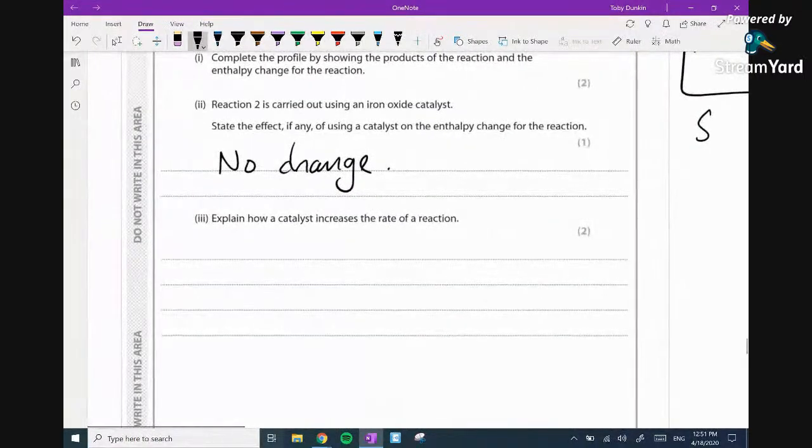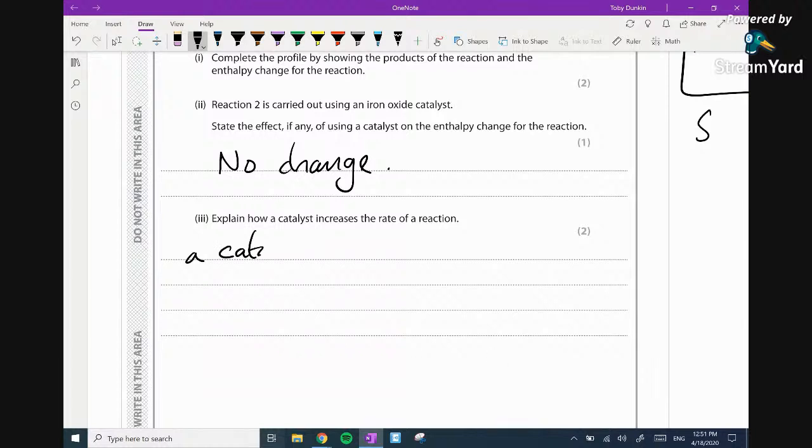So explain how a catalyst increases the rate. We know this question, folks, and we know it well. This is not what a catalyst is. What is a catalyst? A substance that increases the rate of reaction itself not used up. How does a catalyst function?